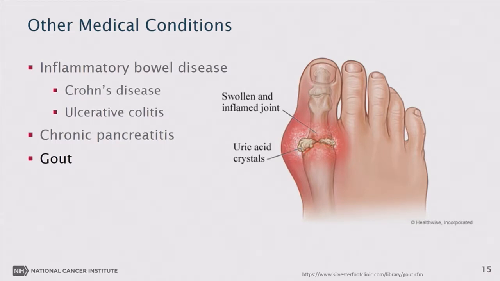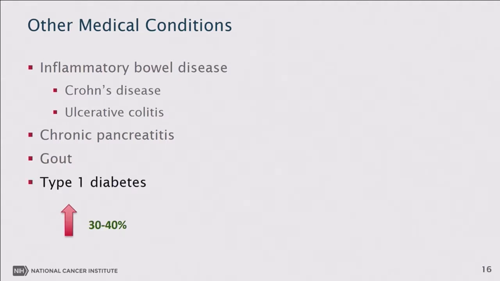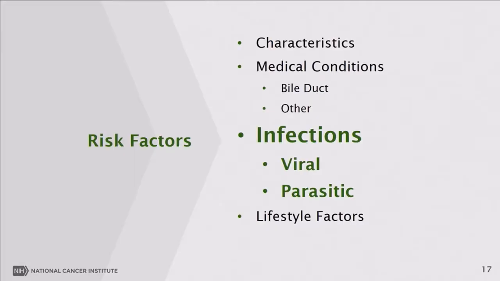And while this can occur at joints throughout the body, this is most common in the joint of the big toe. And this causes swelling and inflammation. And this is associated with about a 40% increased risk of cholangiocarcinoma, so less than double the risk. And finally, type 1 diabetes has been associated with about a 30 to 40% increased risk.